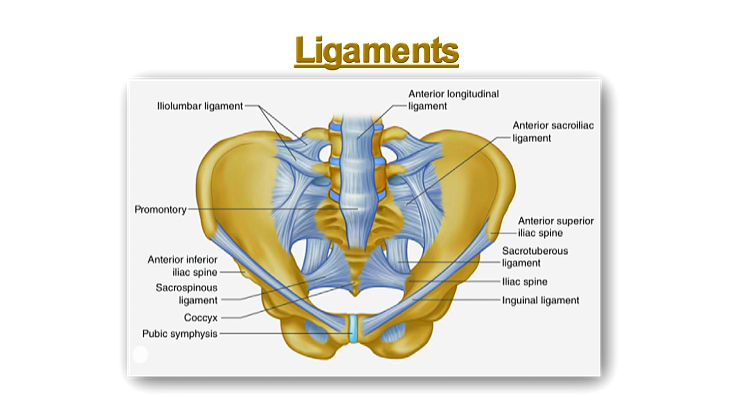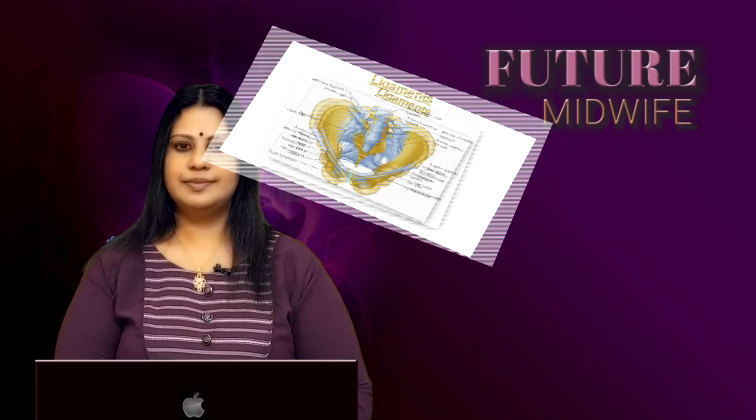Sacroiliac ligaments lie between the sacrum and ilium. Sacrococcygeal ligament is between the sacrum and coccyx. Sacrospinous ligament runs from the lateral aspect of the sacrum to the ischial spine. The last one is the sacrotuberous ligament which runs from the sacrum to the ischial tuberosity.